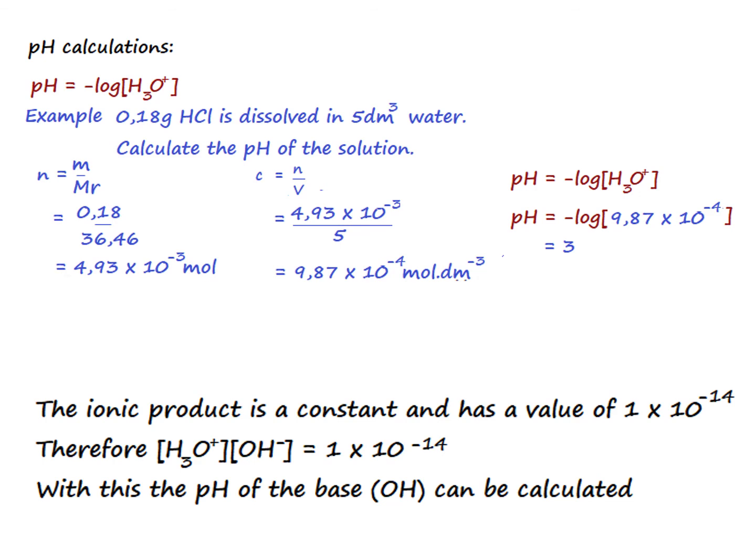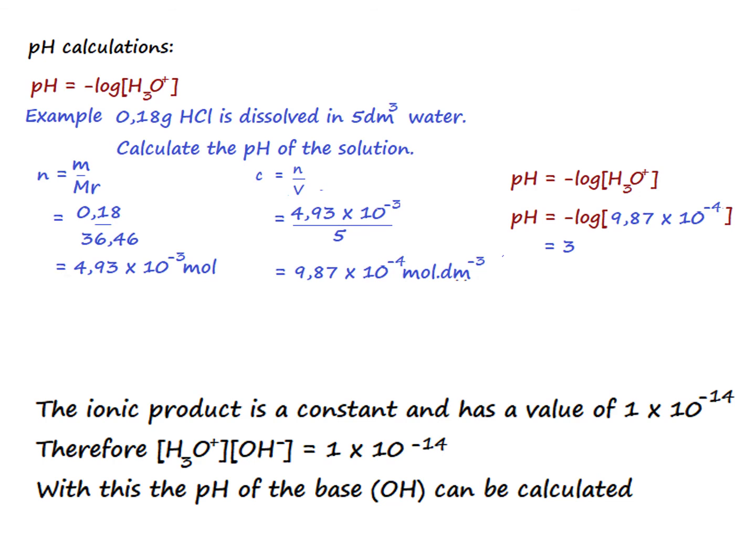You will start by calculating first how many moles there are. So mole equals mass over molecular mass, equals 0,18 over 36,46. That is the molecular mass for HCl, and that will equal 4,93 times 10 to the power negative 3 mole.